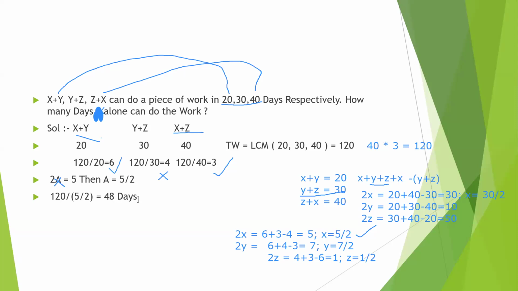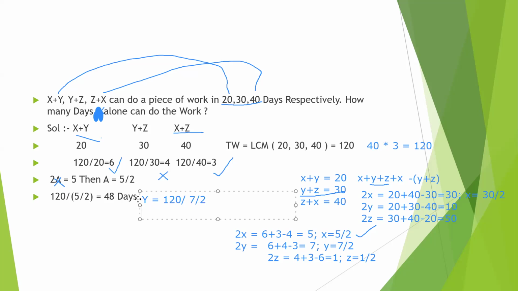Now we have to calculate the remaining. Now we have to calculate how long y alone can do the work. Here total work is 120. One day the y can do work 7 by 2.